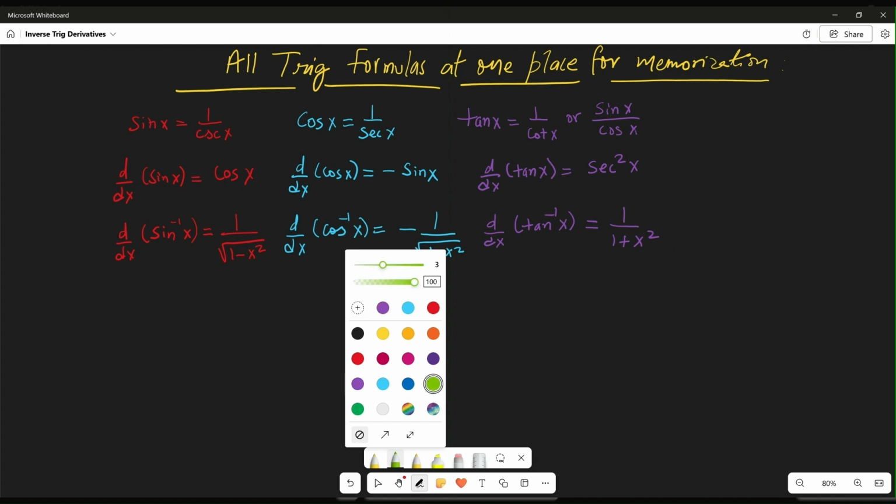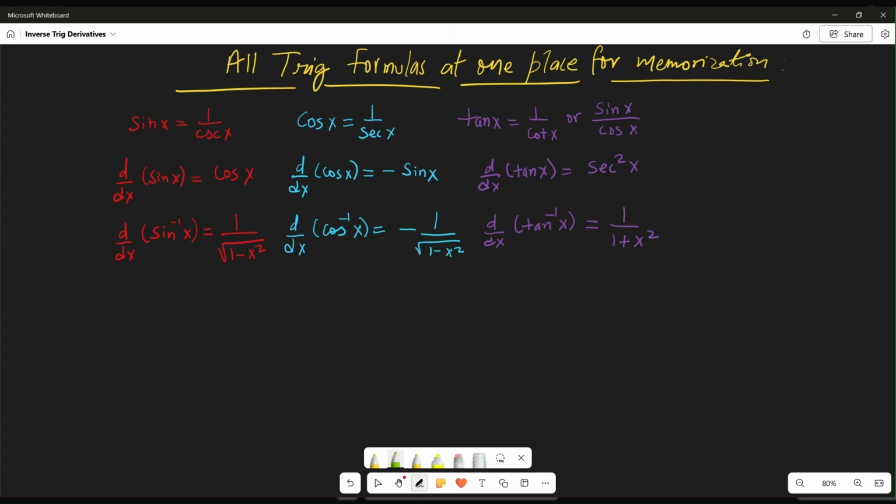Let's look at what's left now. We have sine, cosine, tan, and then cosecant x, which is equal to: sine x is 1 over cosecant x, and cosecant x is 1 over sine x. You see that these inverse trig identities go vice versa, and the derivatives go the opposite of each other.